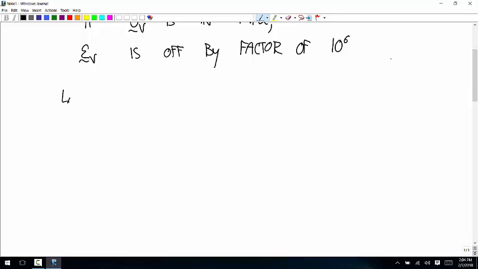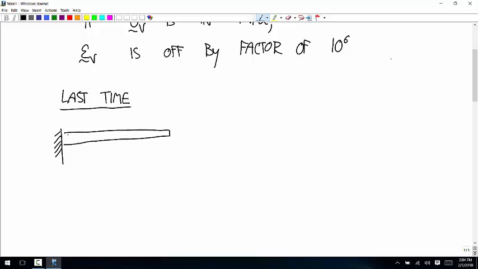Okay, so last time we did a problem like this. We had a cantilever beam, and there was a torque at the end, and there was a 1,000 Newton force applied.